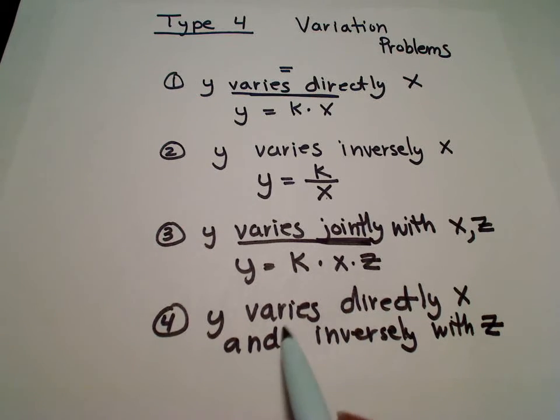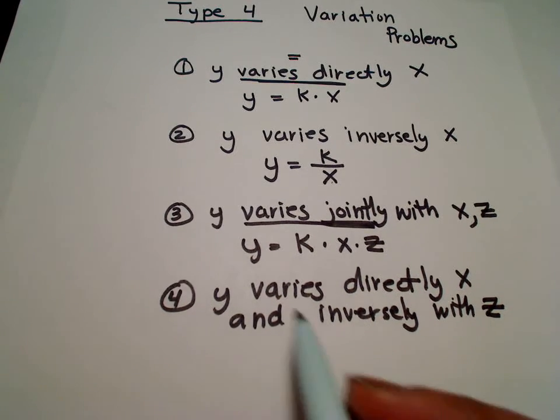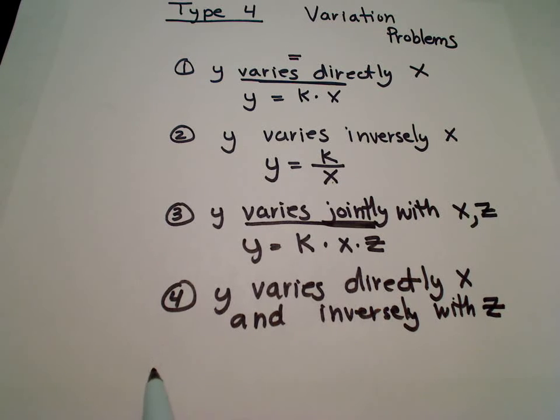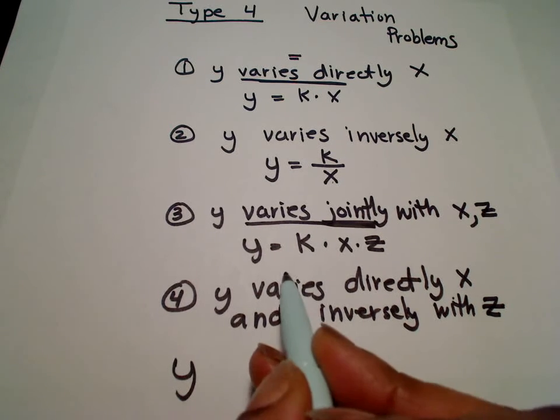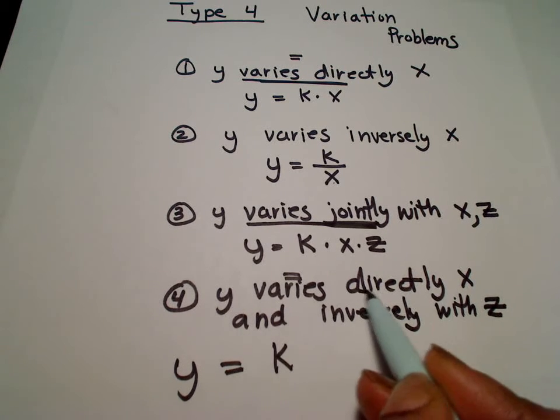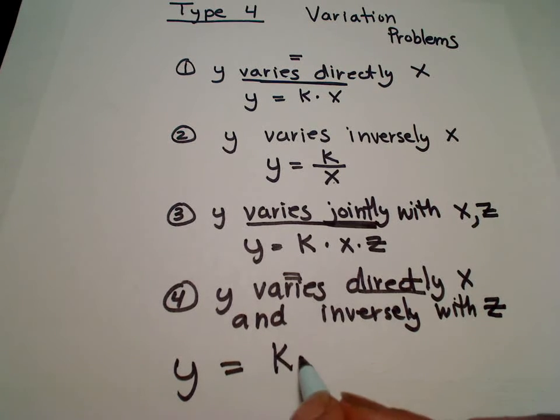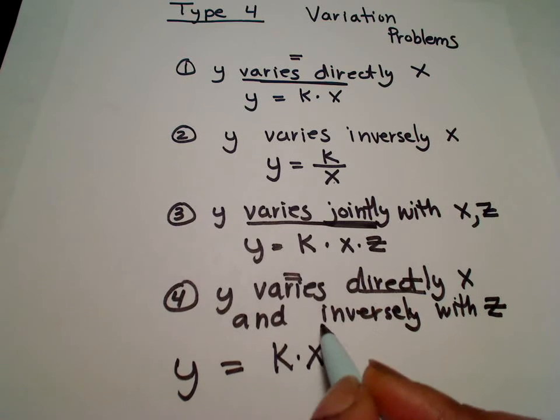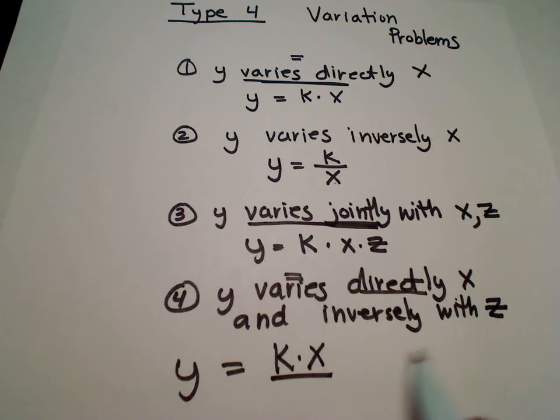So we've got a kind of combination one here. We're going to end up with y equals a constant k. It says directly with x, so that means it's going to be straight across, and inversely with z.